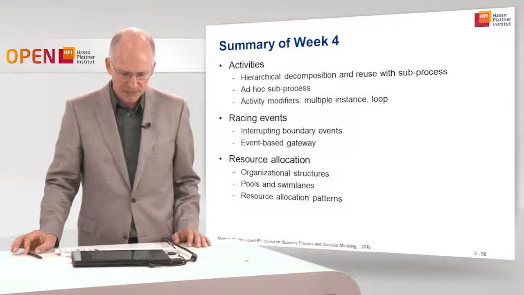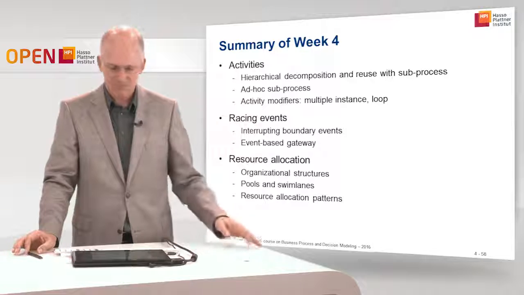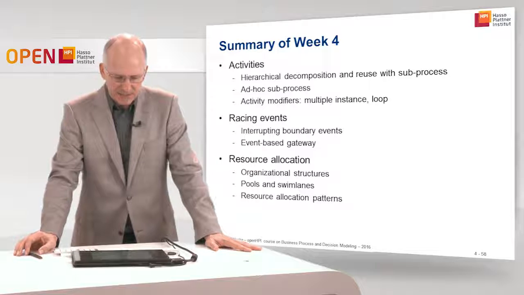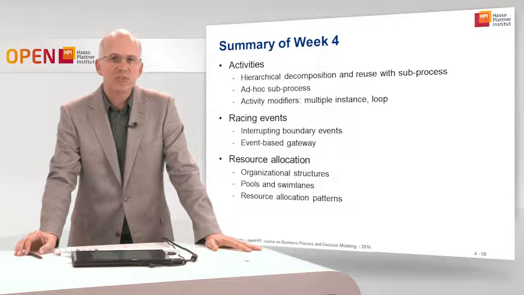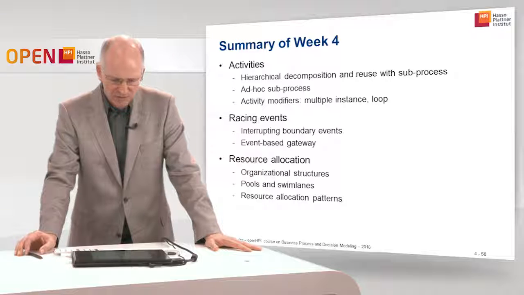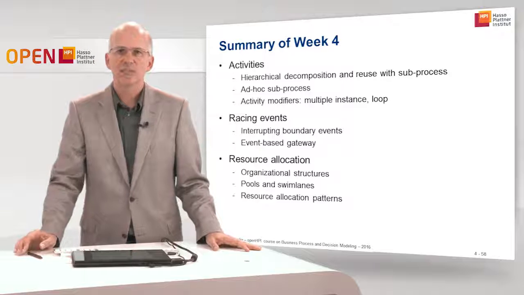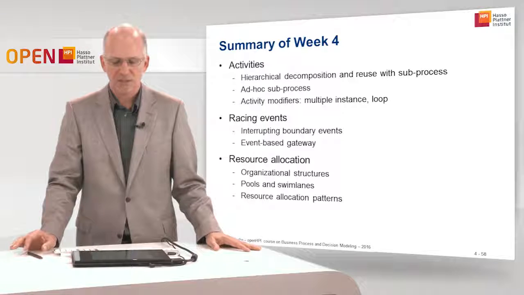Finally, we looked at organization, how to represent organization and how to allocate resources. We looked at pools and swim lanes to represent organizational units, positions, roles, and general resources. And we looked at resource allocation patterns, which are used to assign activity instances to particular persons or general resources in the organization.